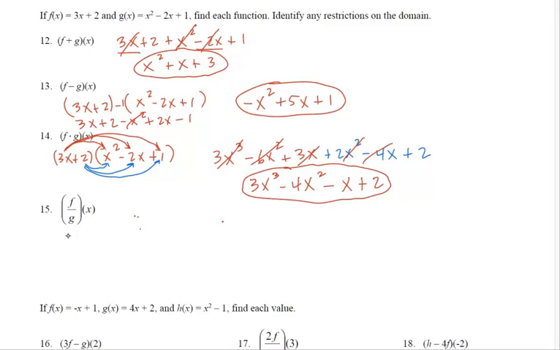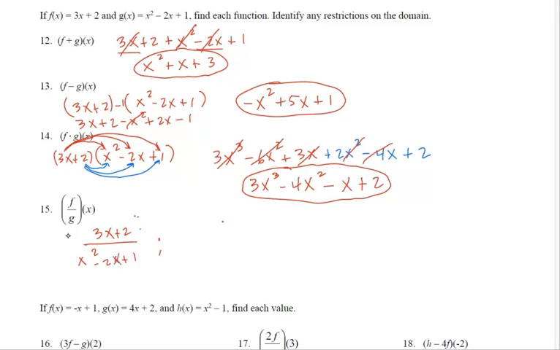Number 15, however, is going to be different. So we have the f function being divided by the g. And that's going to be the answer to the f divided by g part.